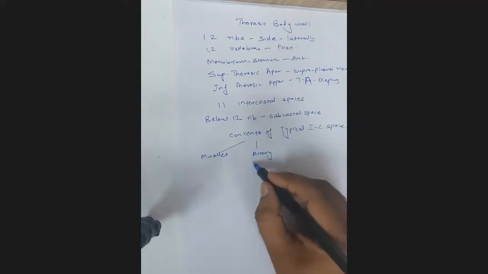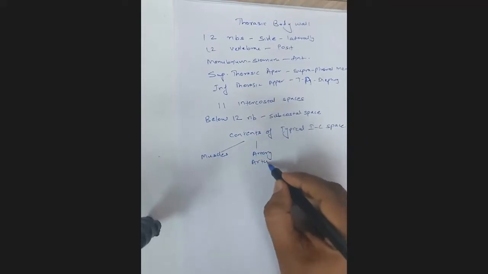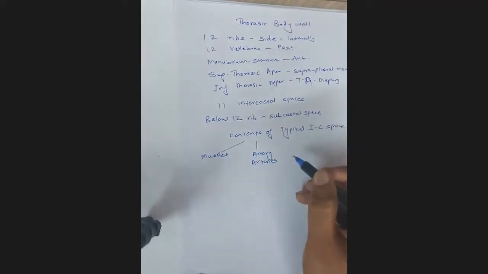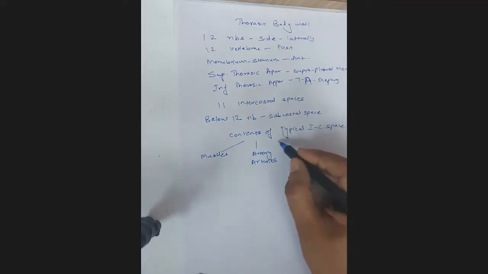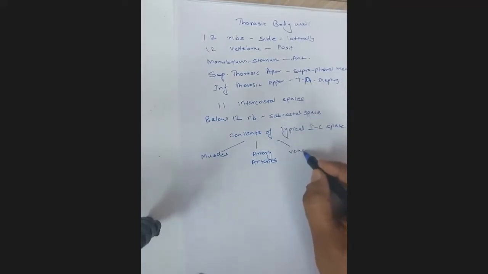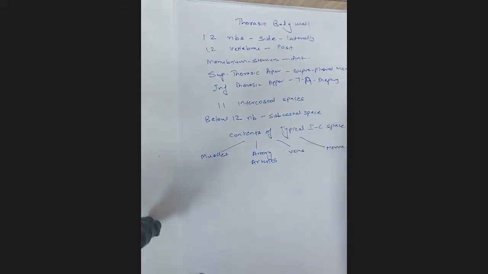I would say arteries, but there are anterior intercostal arteries and posterior intercostal arteries. Then there are veins. Then there is a nerve. The vein, artery, and the nerve are arranged in the subcostal groove of every rib in a sequence from superior to inferior: VAN, vein, artery, nerve.